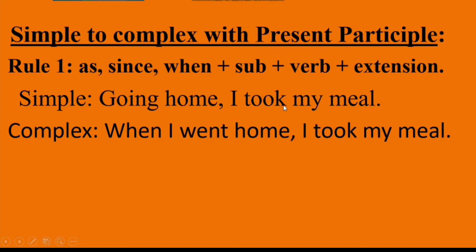If the principal verb was in past tense, we have to turn the present participle into past tense. As took was in past tense, we turn going into past tense, and then there is no change. So we created when I went, and the other extensions were not changed here.